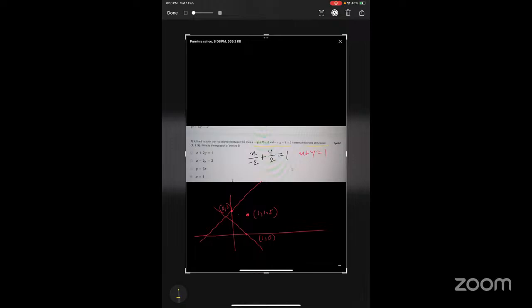So you can take a general equation of the line, then find the intersection points, and this is the midpoint. You can use the section formula and solve the problem in this way. Okay, ma'am.